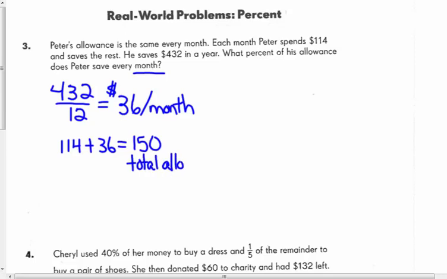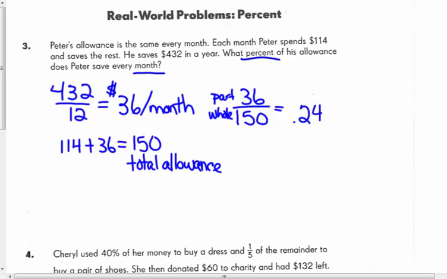I need to know the total to get the percent, to figure out the F to D to P. So he saves $36 out of his $150. This is the part, that's what he saves. This is the whole, the total, the original.